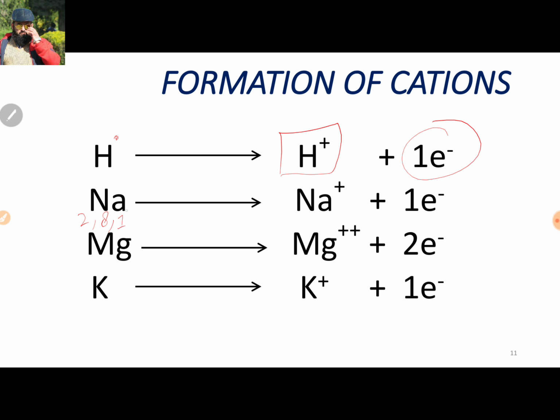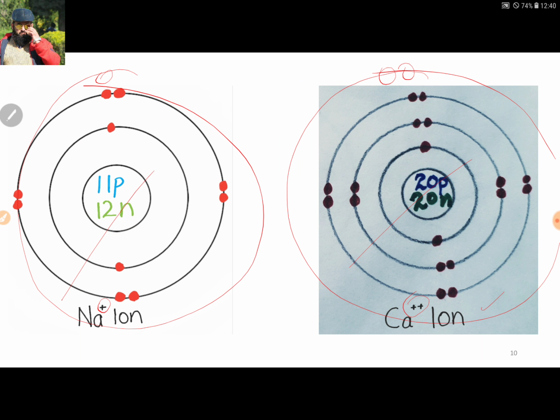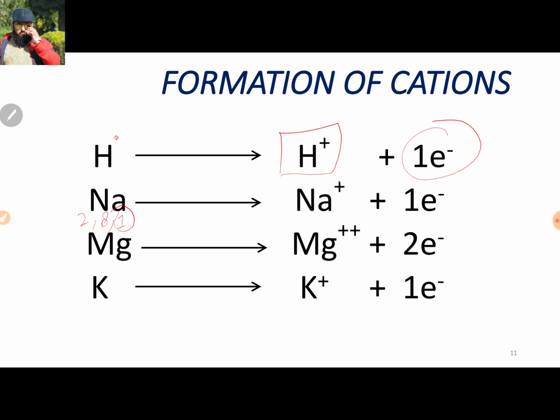When it loses the electron present in its last shell, it acquires a positive charge, because the number of electrons becomes 10 and the number of protons is 11. So in this way it acquires a net positive charge.